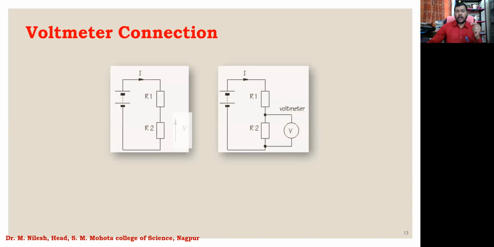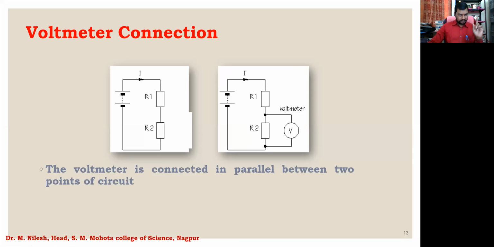And then how the voltmeter is connected. The voltmeter is always connected in parallel. Remember this. If you want to measure a voltage across this resistance R2, you have to connect this voltmeter in parallel with this resistance. So this is how the voltmeter is connected. Remember, ammeter is connected in series, voltmeter is connected in parallel, right?